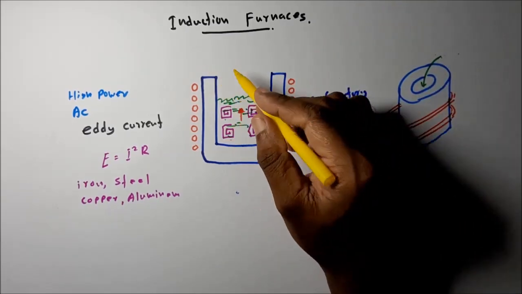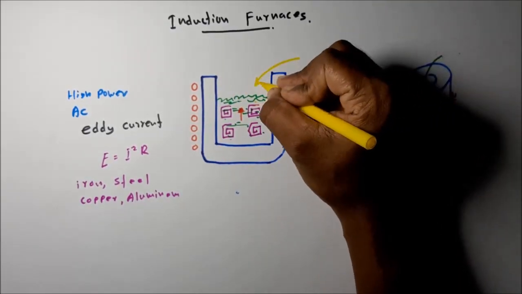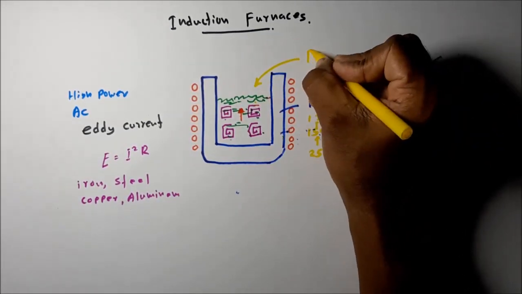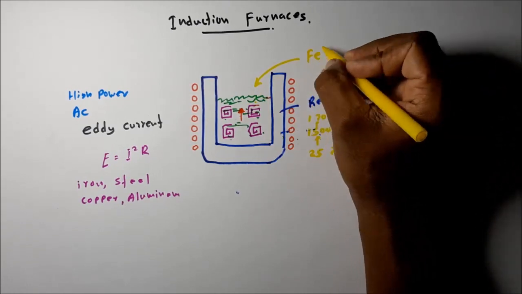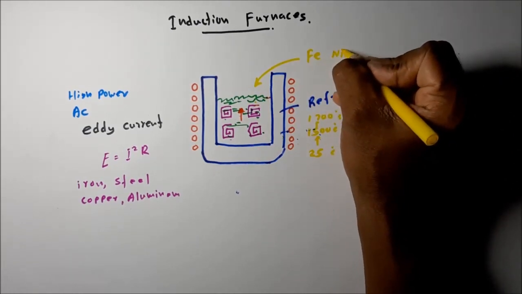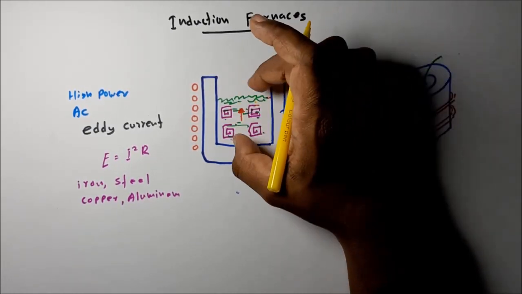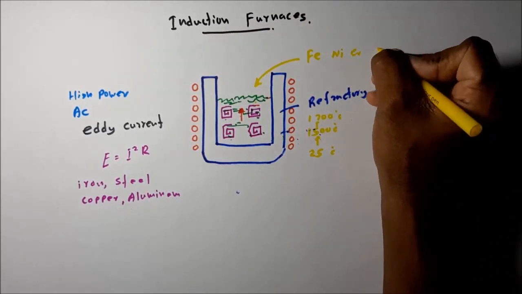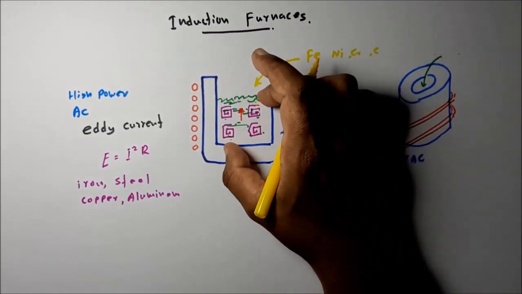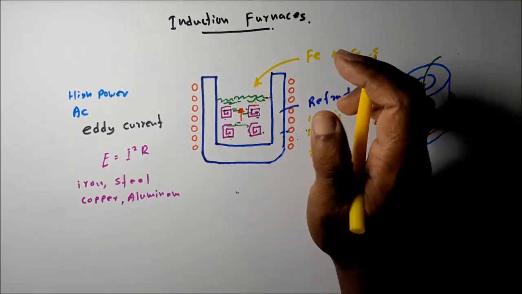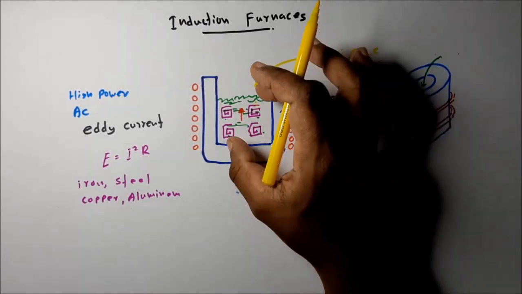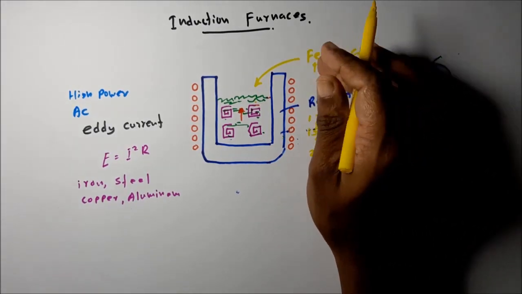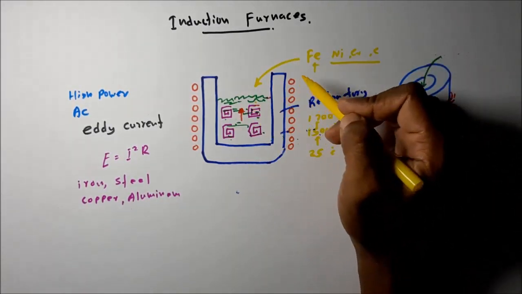That means the predefined amount of required alloy element can be added according to the charge material. If we know the kilograms of ferrous metal we are adding, then we can add the required kilograms of alloy element, such as nickel, chromium, carbon, to this charging chamber.